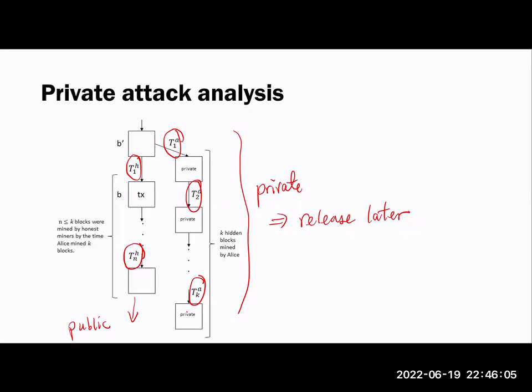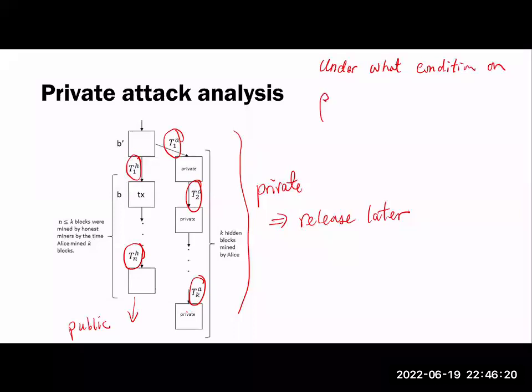What is the condition on beta? So let's ask the question: under what condition on beta does the probability epsilon go to 0 as K goes to infinity?